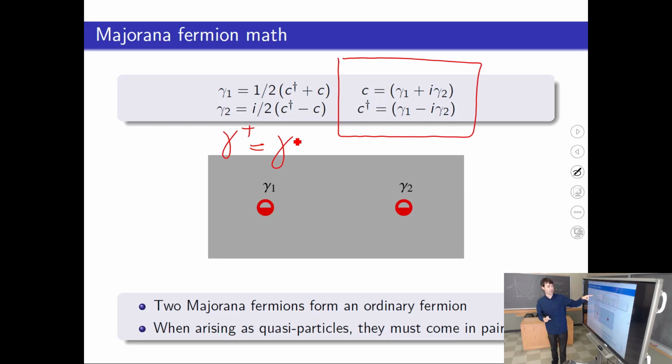Or you can see from this that if you complex conjugate this expression, you will get the same expression back. So this formula is then the definition of a Majorana fermion that we are going to run with. And we can represent them as these half-filled circles, right? And this is a clear notation. It's because they are half creation, half annihilation, half filled, half empty circle for this reason.